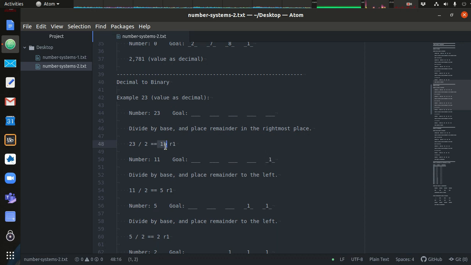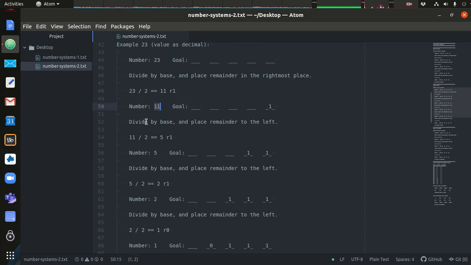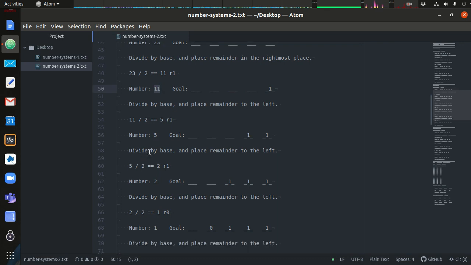We pull down the quotient, so our new number is 11. Divide by the base and place the remainder to the left. So 11 divided by 2 is 5 with 1 left over. The 5 is our new number, and the 1 goes into our goal. Divide by the base, place the remainder to the left. So we brought down this 5, and 5 divided by 2 is going to equal 2 with 1 left over.